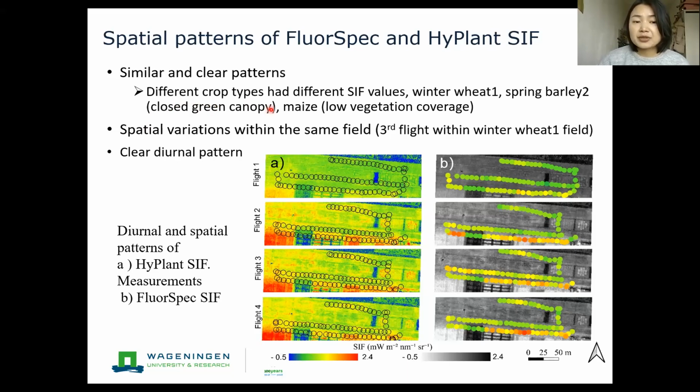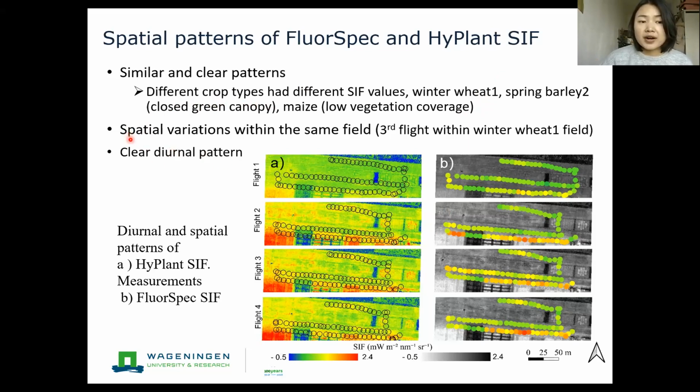Different crop types had different SIF values. For example, winter wheat 1 here, and then spring barley 2 in this area, have relatively higher SIF values due to the closed green canopy. In the maize field, this area, the SIF was lowest because the vegetation coverage was low at that time.